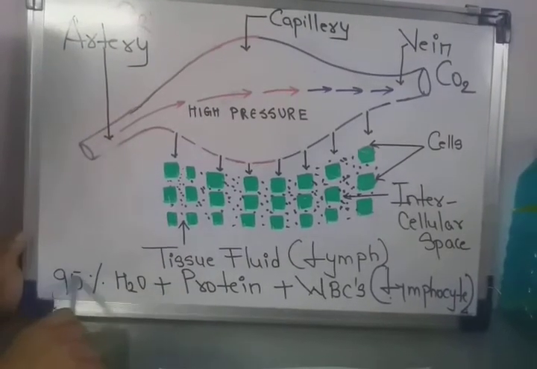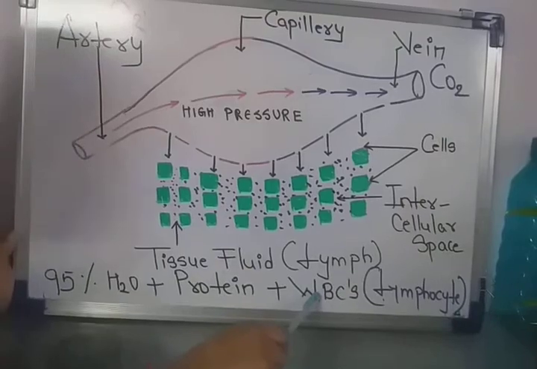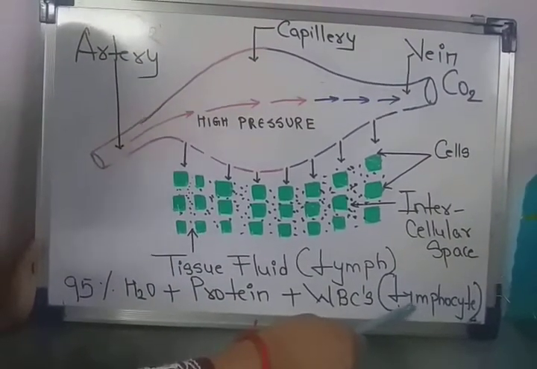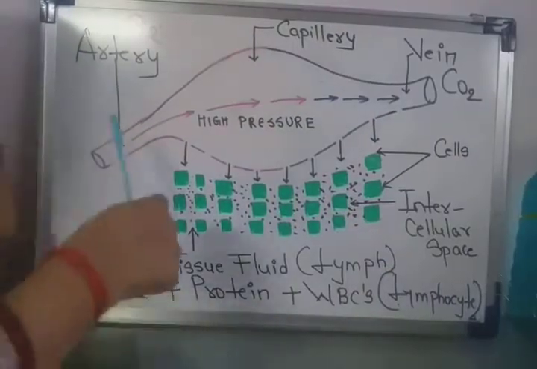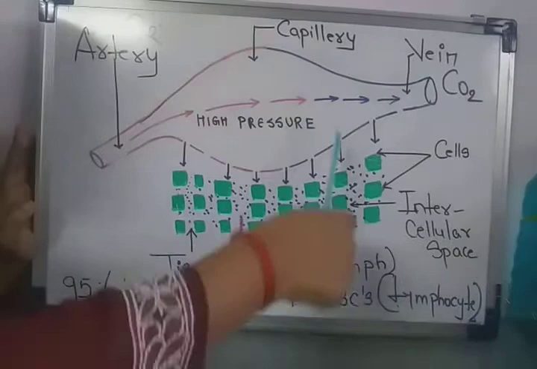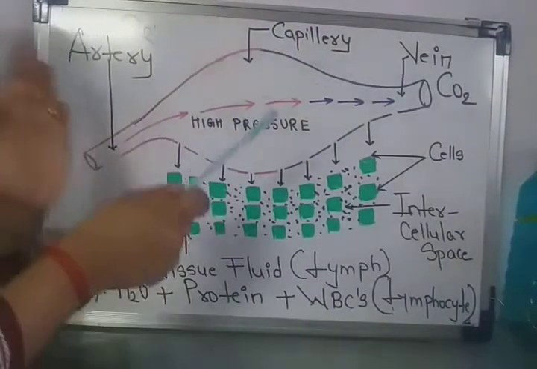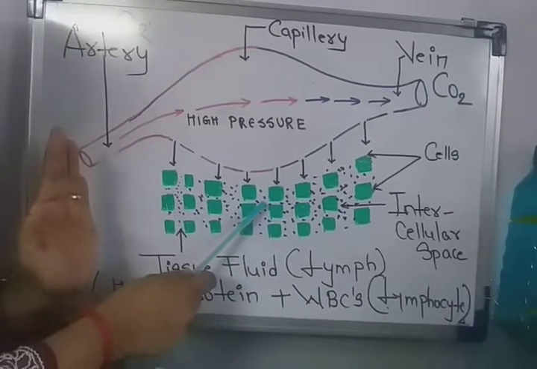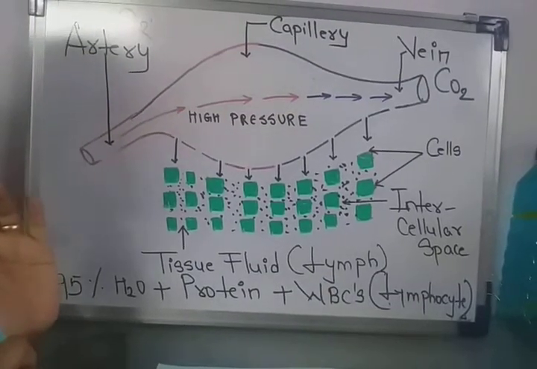It has 95% water, very little protein and white blood cells, specifically the lymphocytes. Along with the capillaries, the lymphatic capillaries are also associated with these capillaries. So this lymph will move from here into something called a lymph vessel.